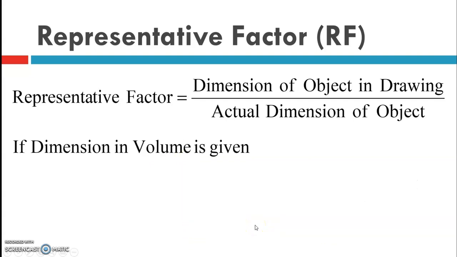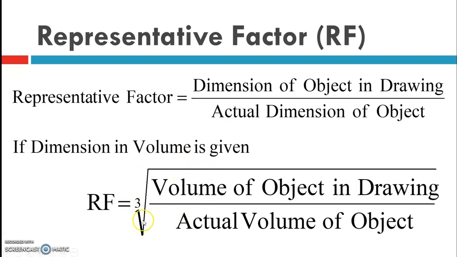And if dimension in volume is given, then we can calculate the RF using this equation, that is cube root of volume of object in drawing divided by actual volume of object. So if the dimensions are given in length, that is okay. If given in area, we have the equation, and if given in volume, then we can use this equation. According to the data given in the numerical, you are required to use the proper equation.